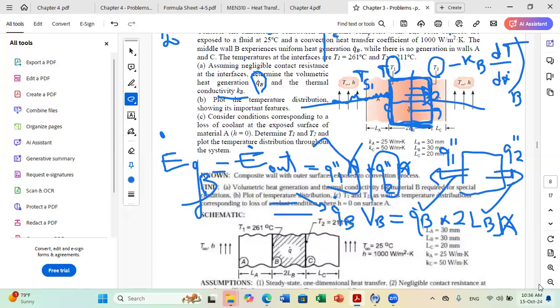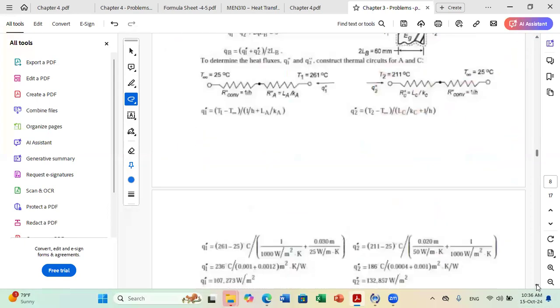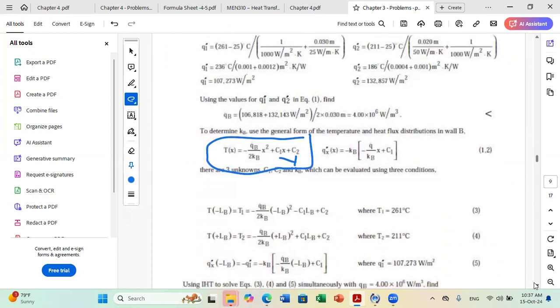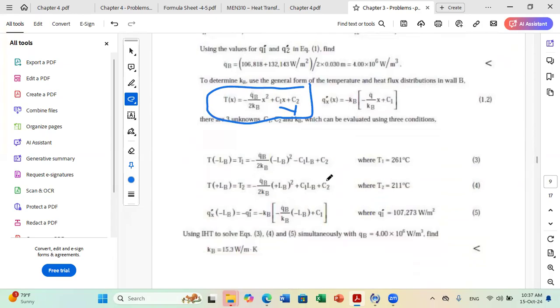So if you replace these two boundary conditions, you get two equations, two unknowns. You can solve for C1 and C2. And once you have your C1, C2, then you can calculate the temperature gradient at any position.